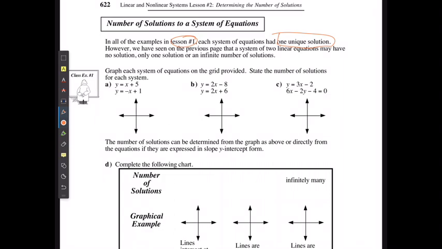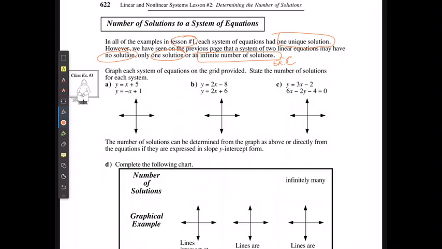But as we've seen on the last page, they can either have no solution, one solution, or an infinite number of solutions. That would be like example C, because in example C there were two of the same line, so any point on that line would work, so there was an infinite number of possibilities. We didn't have enough information to prove that one would be different.